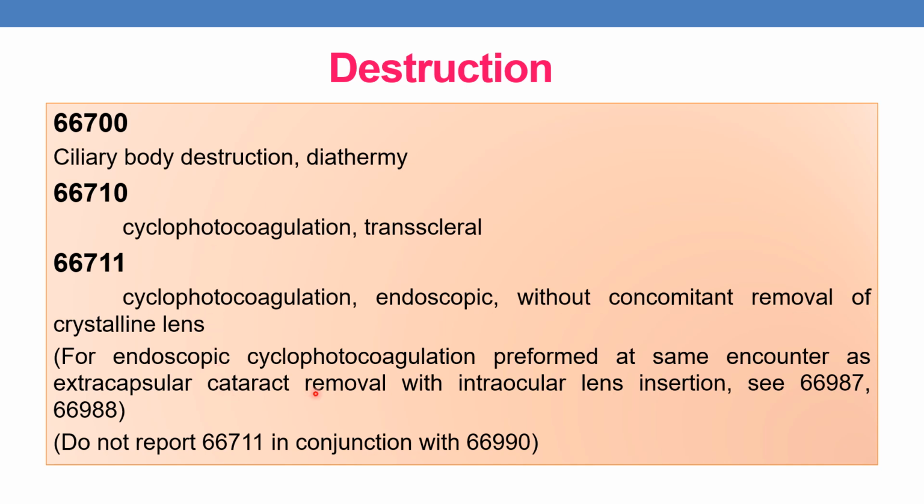And for endoscopic cyclophotocoagulation performed at same encounter as extracapsular cataract removal with intraocular lens insertion, you need to refer 66987 and 66988. And do not report 66711 in conjunction with 66990, because here endoscopy is already included in the procedure.